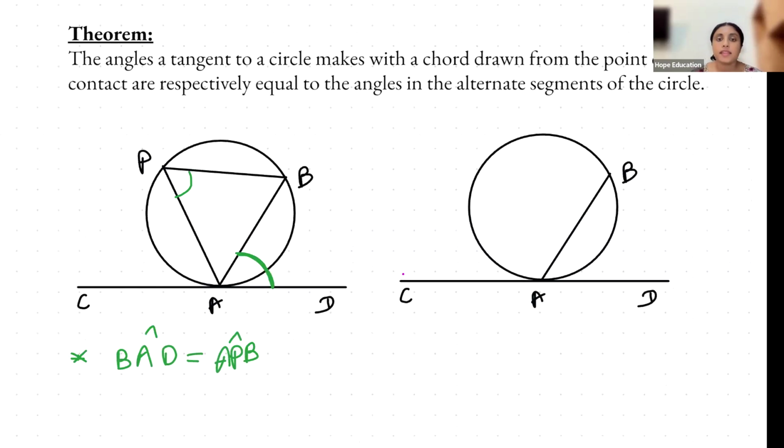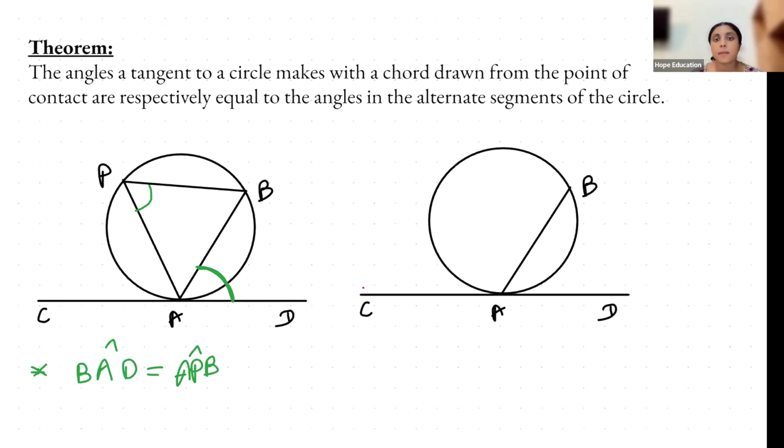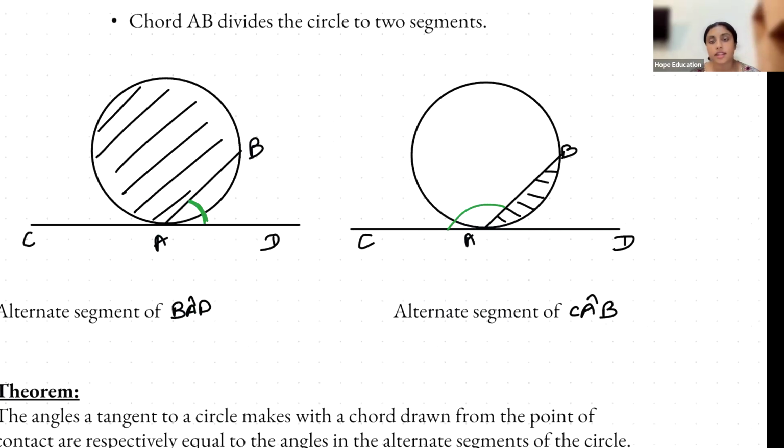Okay. Then let's look at this one. The angle a tangent to a circle makes with a chord. So this is the chord. This is also the tangent. So I can take this as the angle between the chord and the tangent. If I consider this angle, the alternate segment is this. This part is the alternate segment. So this angle is equal to the angle subtended by the same chord on the alternate segment.